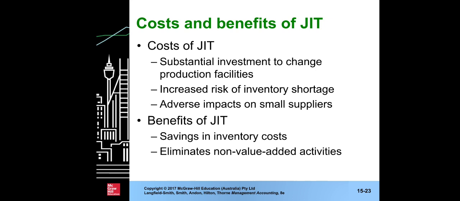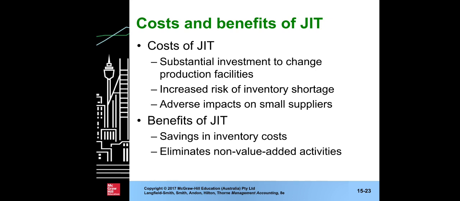So when you use the JIT approach and JIT purchasing, small suppliers most of the time cannot do what you want. Small suppliers need more time when you ask them to deliver the inventory, and it is difficult for them to check the quality of the product properly.